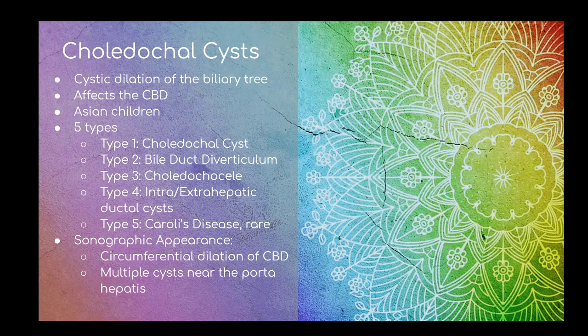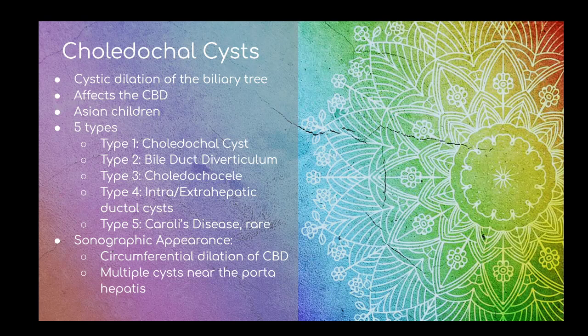Choledochal cysts, I know we talked about during our biliary lecture, and I just want to touch on it again because this is usually something that we do diagnose in children. Remember that there are 5 types of choledochal cysts, number 1 being the most common, and we typically see that this is going to affect the common bile duct.